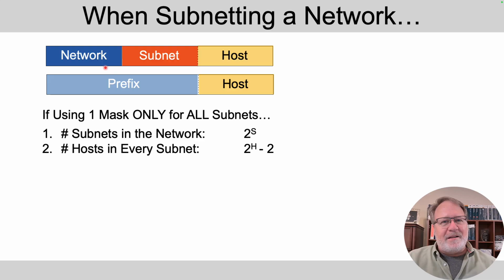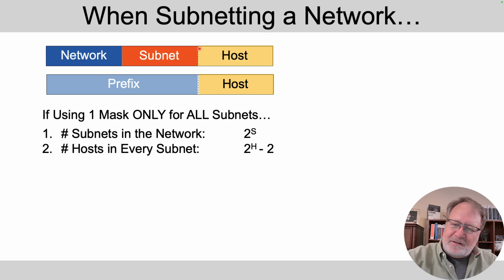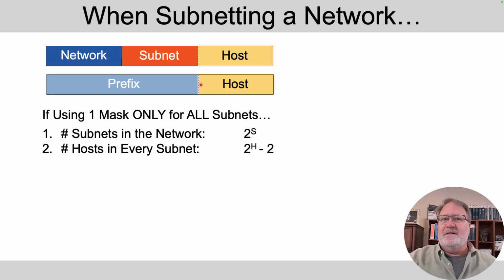And if you think about the mask as a slash and a number, that's prefix notation, it basically tells you this dividing line between the subnet and host part. It also tells you this dividing line between the prefix and host part. In fact, in that earlier example, slash 24 basically says the prefix part is 24 bits long and everything else to fill up the 32-bit structure is the host part, because the width of the whole thing is 32 bits.